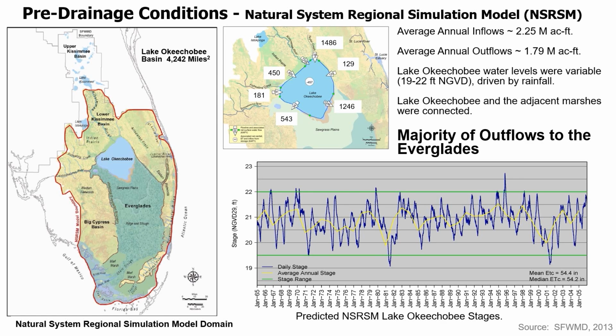Average annual outflows from the lake were approximately 1.8 million acre-feet and predominantly southward to the Everglades. Pre-drainage lake levels were estimated to fluctuate between 19 and 22 feet NGVD based on rainfall conditions in the watershed. The boundary of the lake varied seasonally as the adjacent wetlands were flooded and receded.